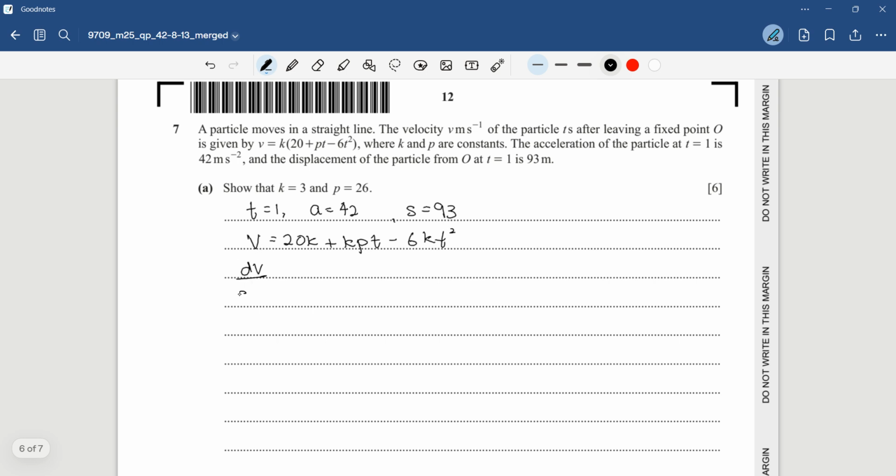This is a constant, so we can eliminate it, and the rest will be kp minus 12kt.